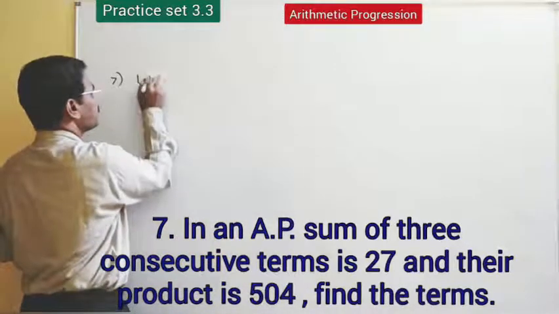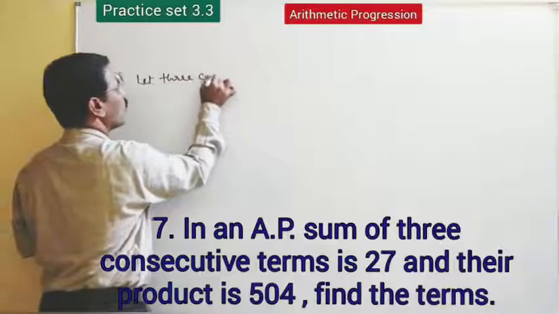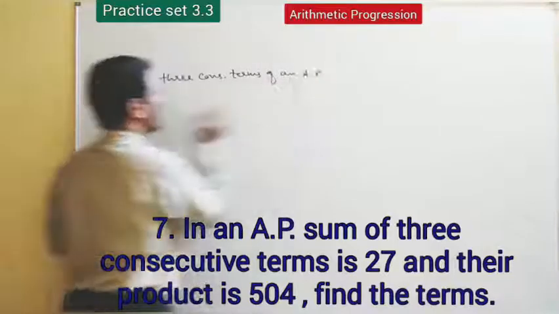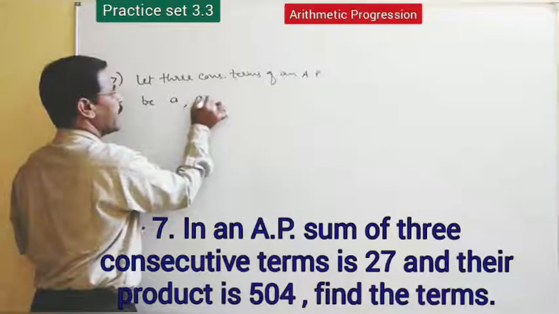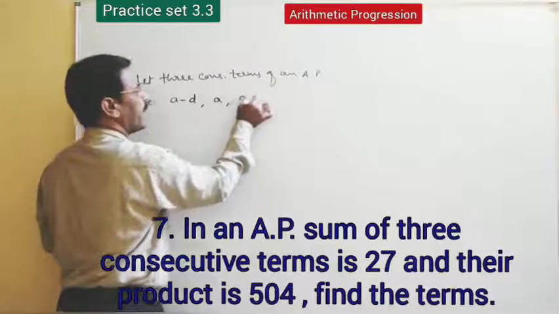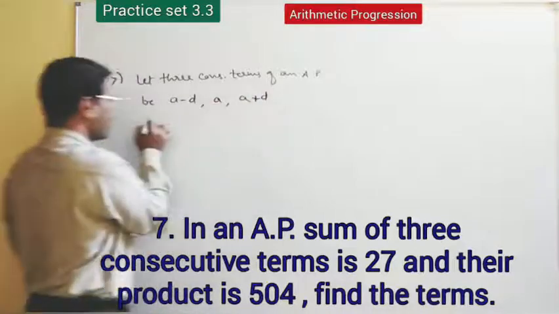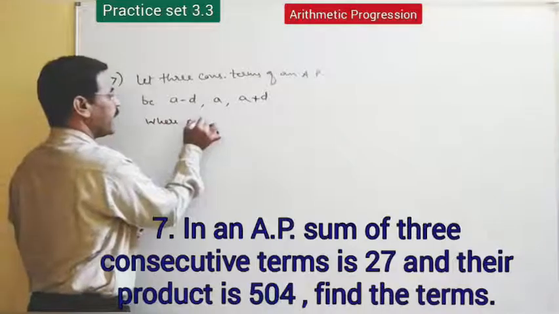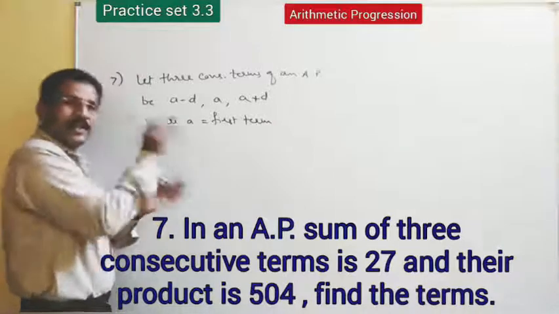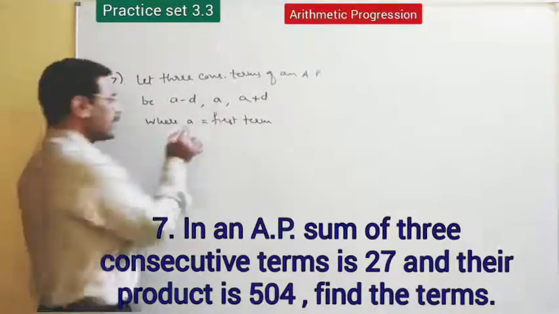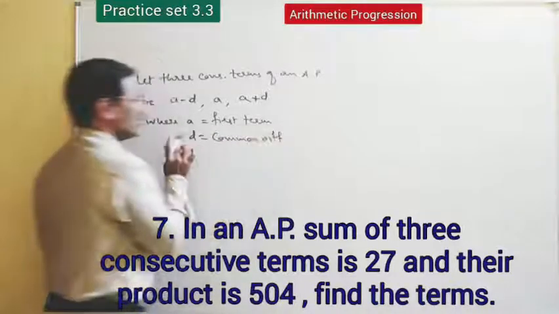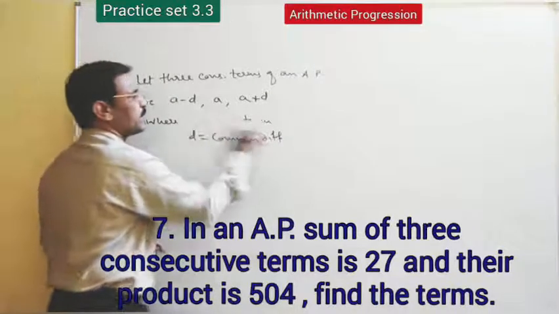Look here, let three consecutive terms of an AP be A minus D, A and A plus D, where A is not the first term.